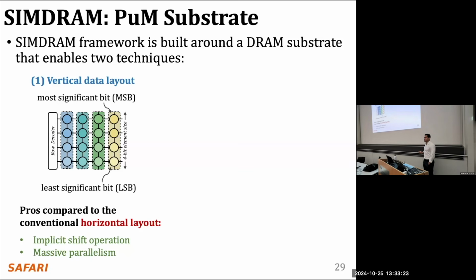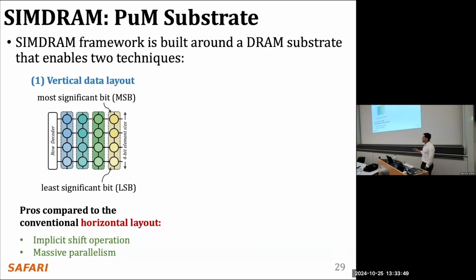Another thing this allows us to do is to think of a DRAM subarray as a massively parallel SIMD substrate. If I keep doing in-DRAM operations across the different DRAM columns, I have a single instruction, the in-DRAM majority operation, operating across multiple data, each stored in a single DRAM column.